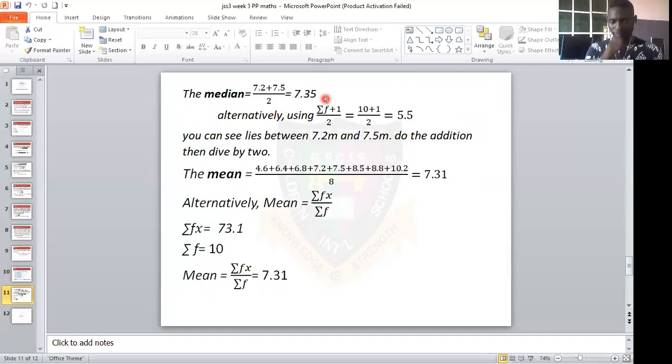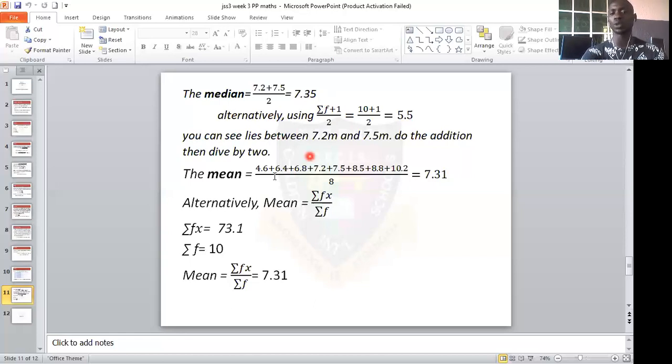So the mean, I told you that the mean is the sum of the frequency over the summation of frequency. Summation of the product of frequency and score over summation of frequency.